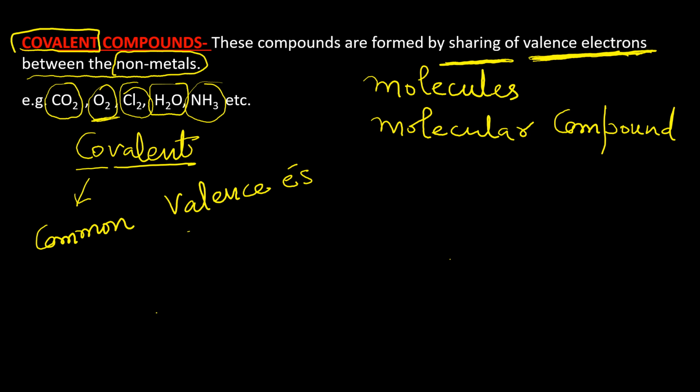All right. Now, the rules to write the names and the formulas for covalent compounds are literally very easy. There is nothing hard. Why? Because, first of all, no charges. You are not supposed to take care of charges, like in ionic compounds, where we need to take care of the valency, charges, crisscross.